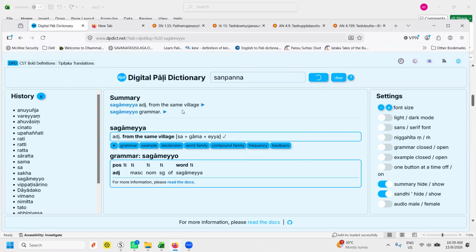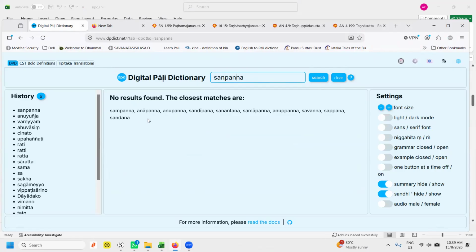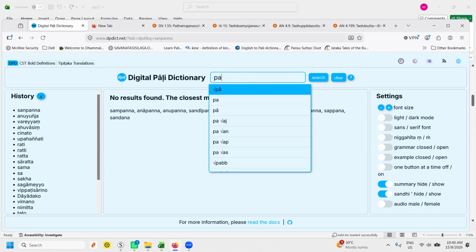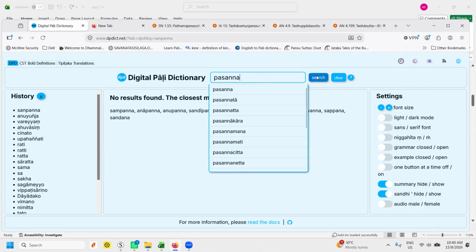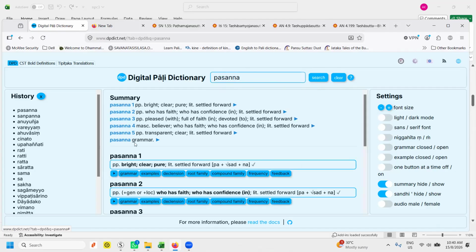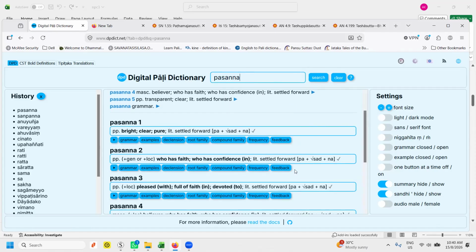Sometimes I am wrong, but anyway. Research. See, not this one, pa is the prefix. This is a root, sat.